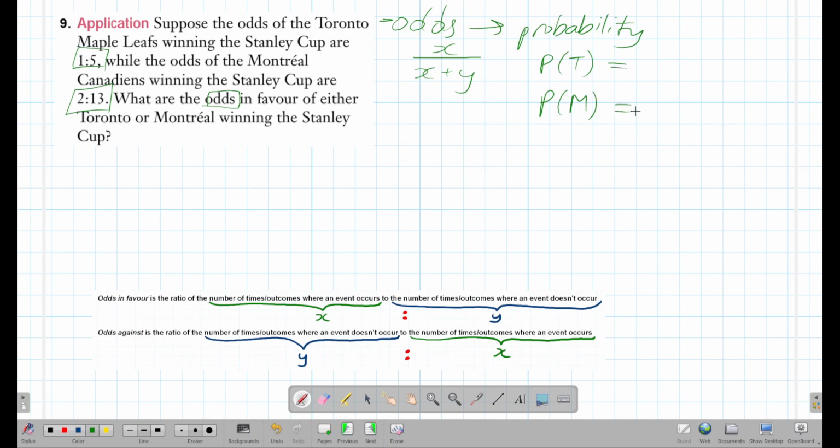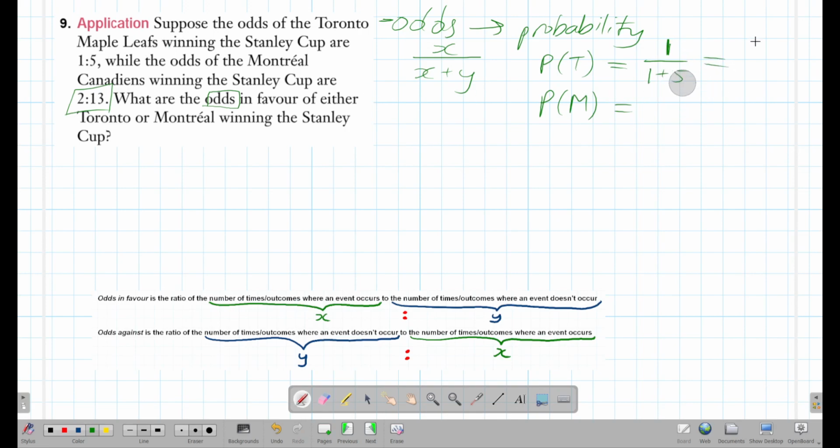Because they give us 1 to 5 odds, we know there is one outcome where the Leafs win, and 1 plus 5 outcomes in total, because you have 5 outcomes where the Leafs don't win and 1 outcome where they do. So the total number of outcomes is 6.